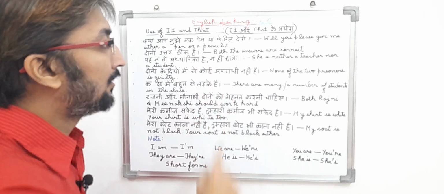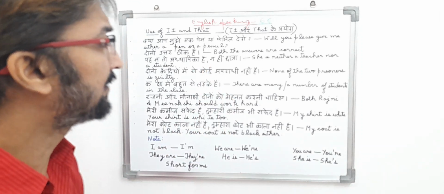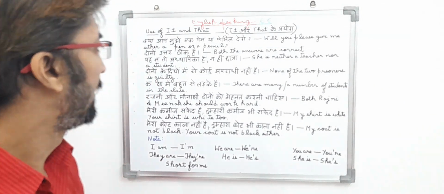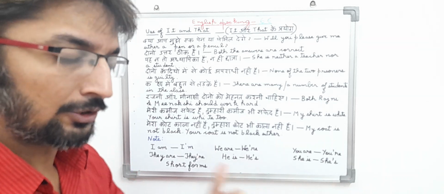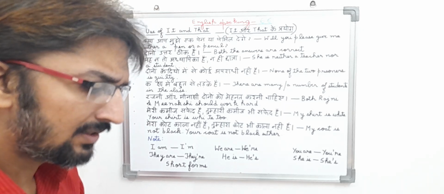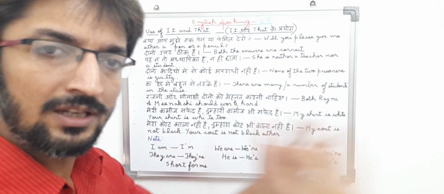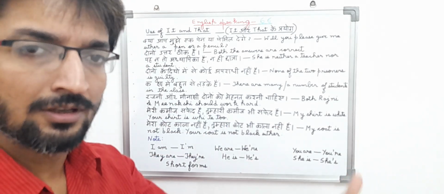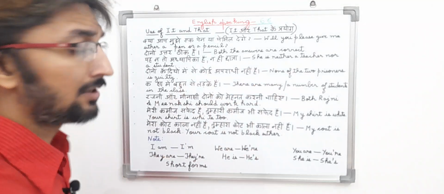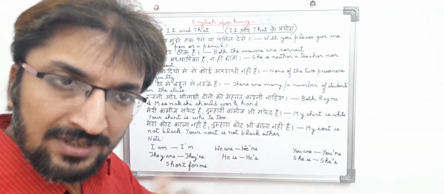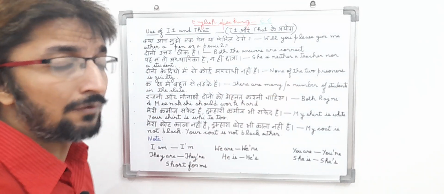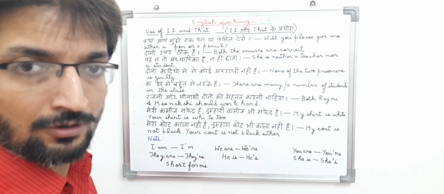यह ना तो अध्यापिका है और ना ही छात्रा. So in English it means she is neither a teacher nor a student. The sentence basically means यह ना तो अध्यापिका है, means she is neither a teacher nor a student. Basically the question is not able to confirm the identity of a female person, whether she is a teacher or a student. So friends, basically it is a present type sentence and it is a negative sentence, because there is no confirmation about the female person whether she is a teacher or a student.